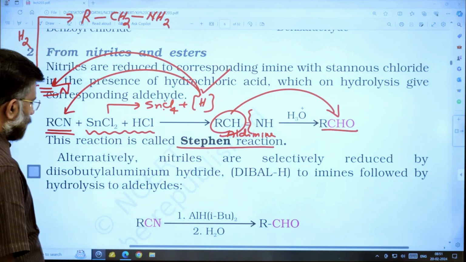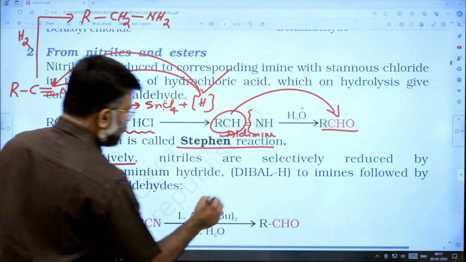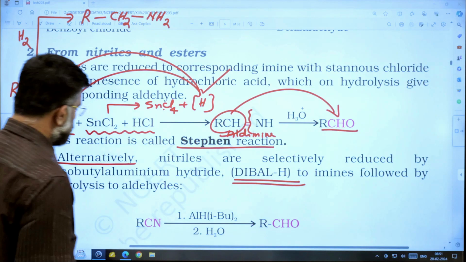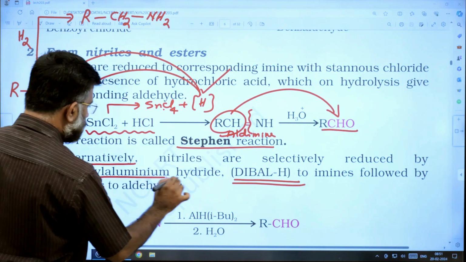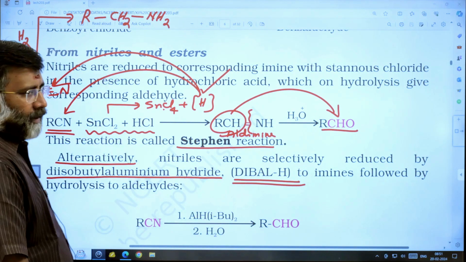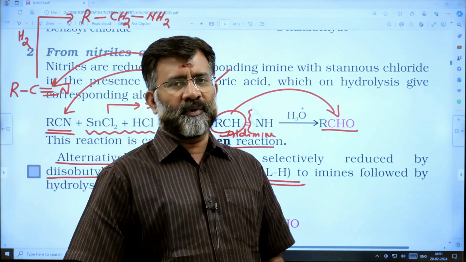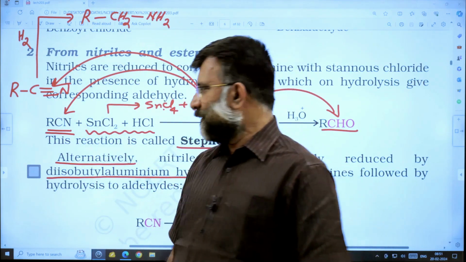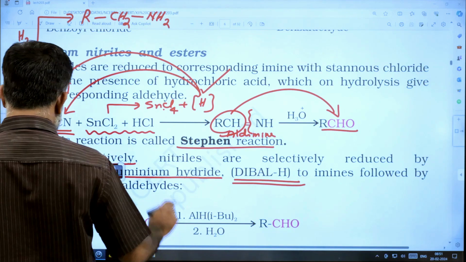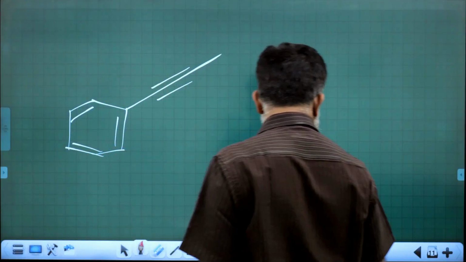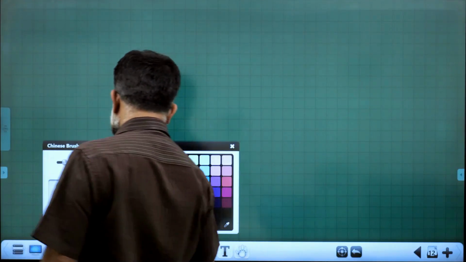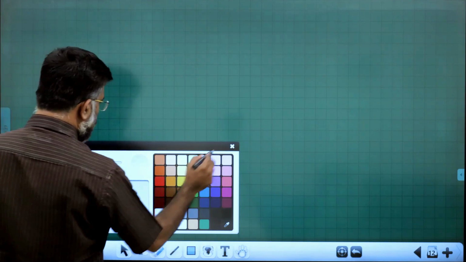There is another alternative technique using DIBAL-H. What is DIBAL-H? Diisobutyl aluminum hydride.